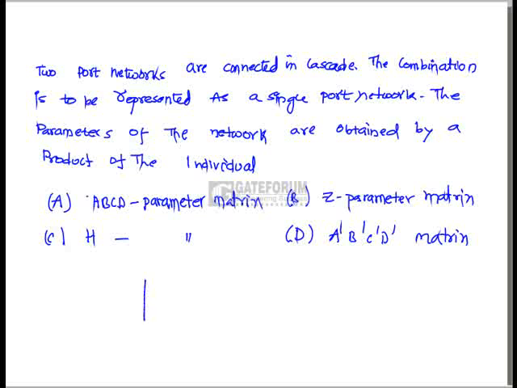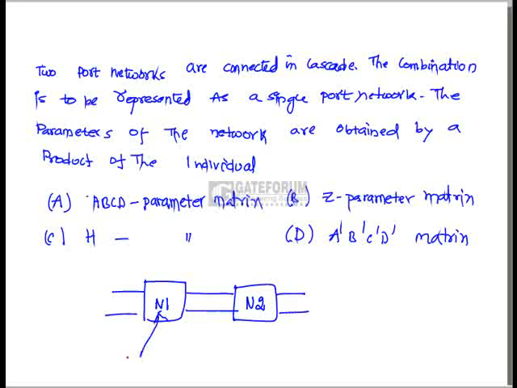Here, when two networks, that is network 1 and network 2, are connected in cascade, it means the output of network 1 is given as the input of network 2.